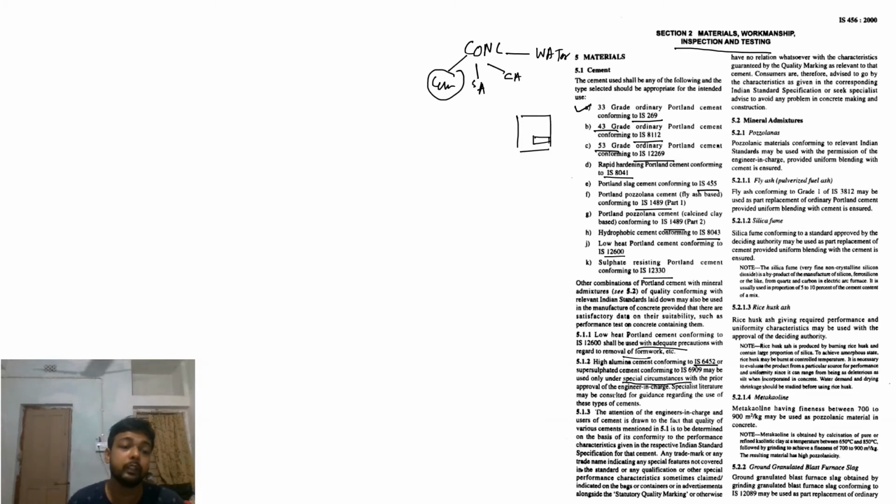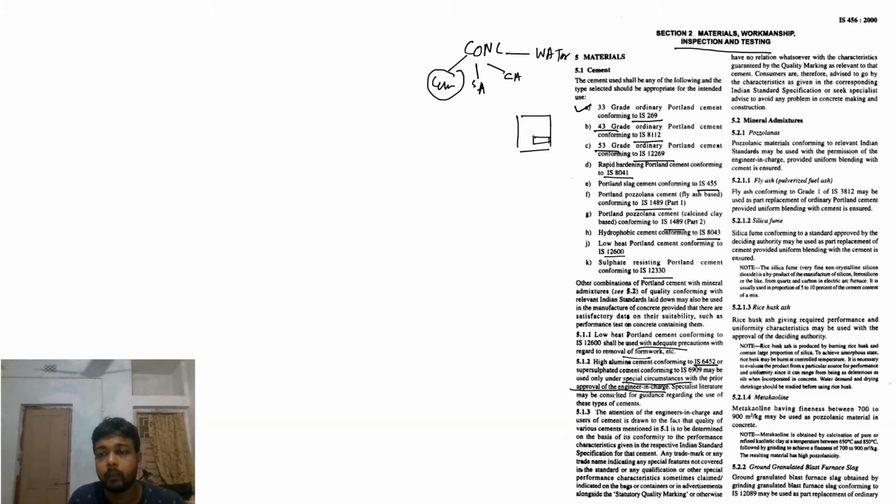If you are using this particular cement on your site, it means there is some special or sensitive case, so you should get the approval of the engineer in charge.